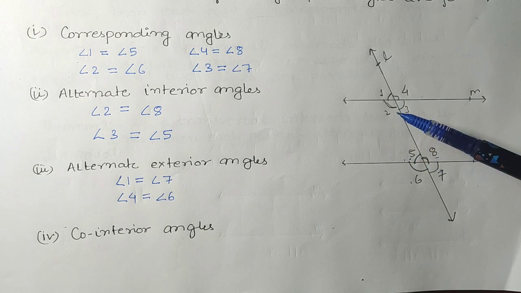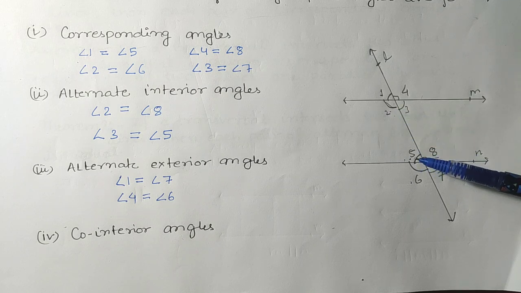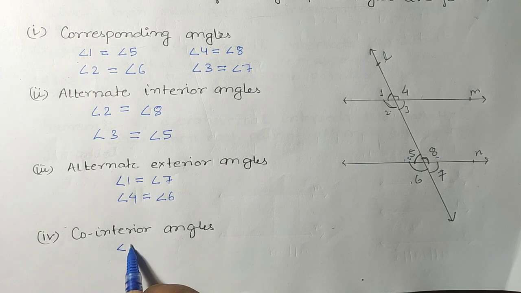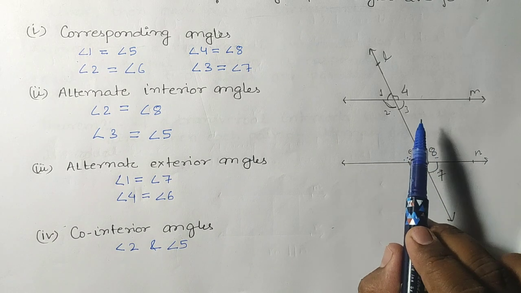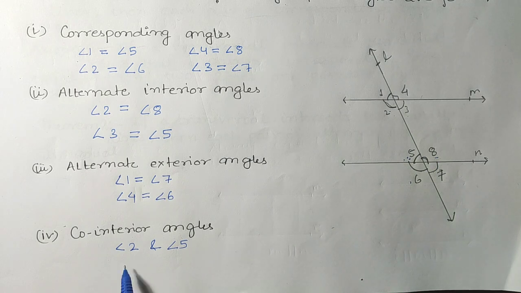If someone asks what is the co-interior angle of angle 2, you can say angle 5. So angle 2 and angle 5 are co-interior angles, and here angle 3 and angle 8 are co-interior angles.